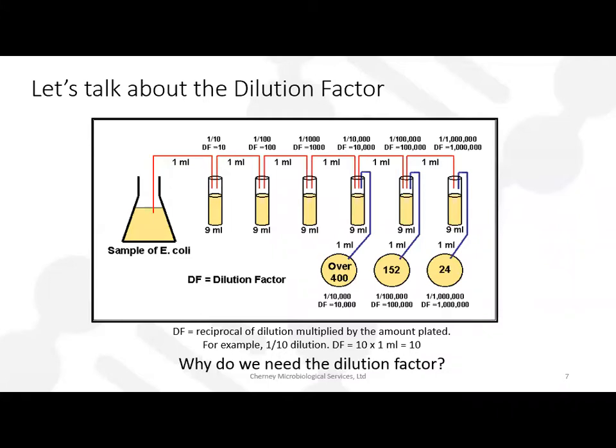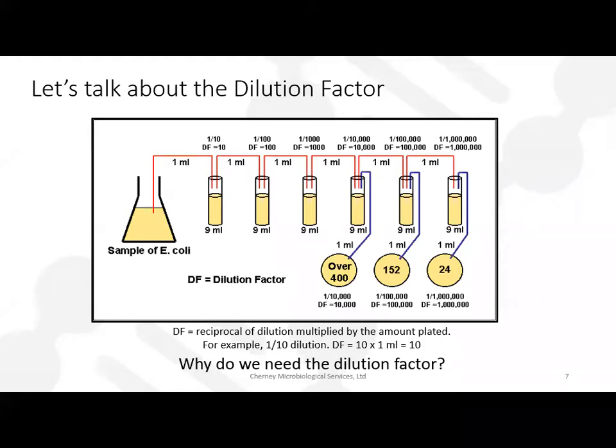So your dilution factor is calculated by the reciprocal of the dilution multiplied by the amount plated. Let's just take that 1 to 10 dilution, for example. Your dilution factor is going to be the reciprocal of the dilution, so it's just going to be 10, that denominator of the dilution. And then you're going to multiply it by 1 mil, because that's how much you plated. So your dilution factor is going to be 10.